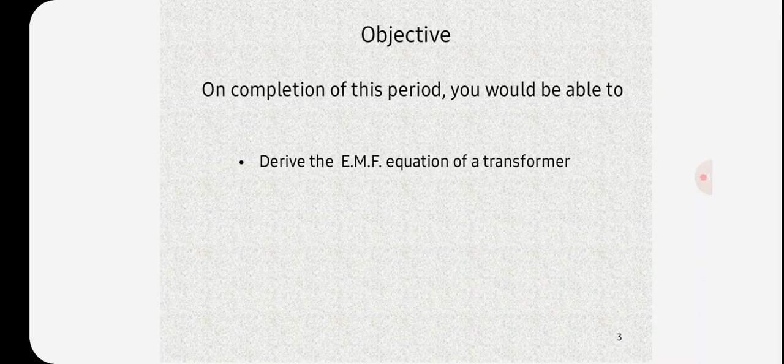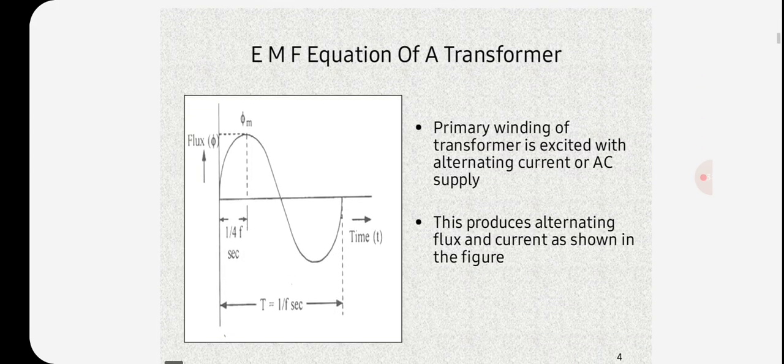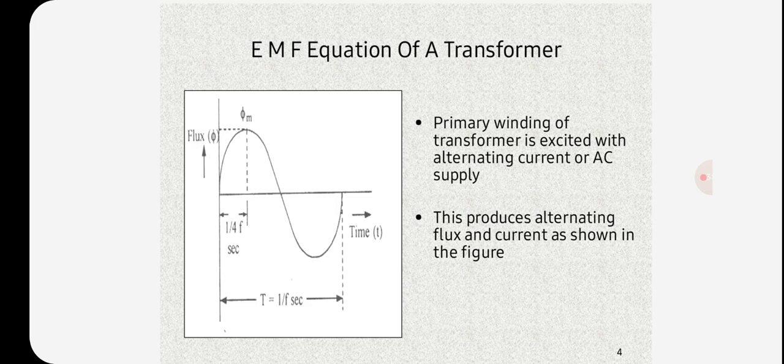So today we are going to discuss the EMF equation of a transformer. When we give the voltage to the primary winding, current flows in the primary winding and it produces flux.